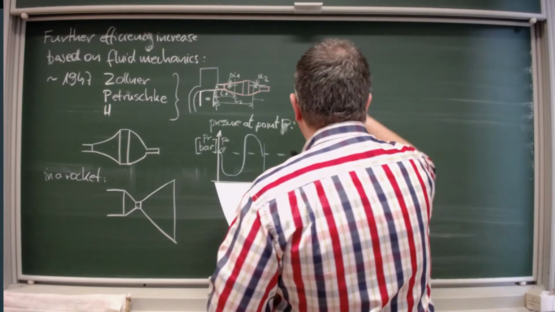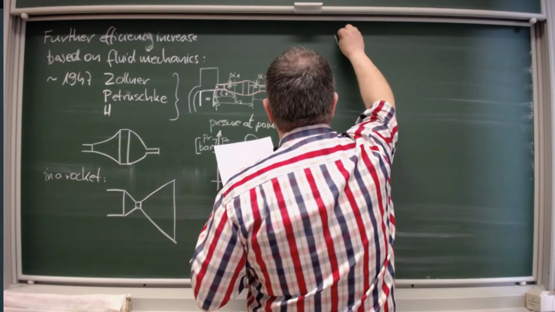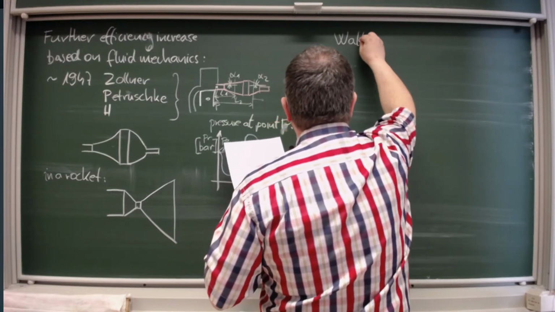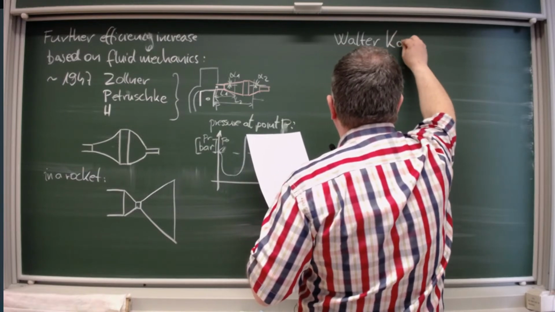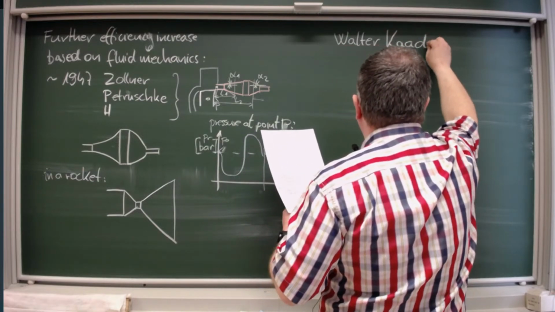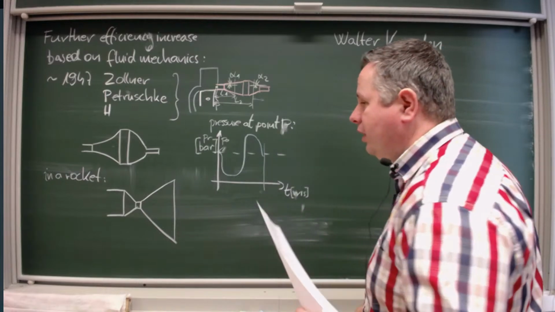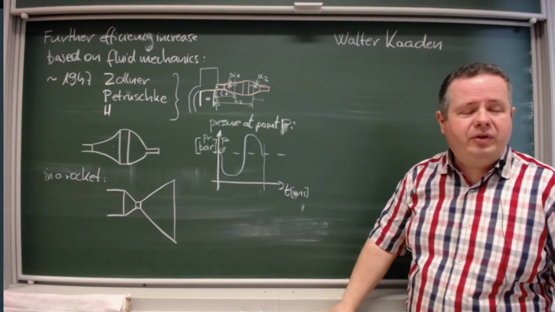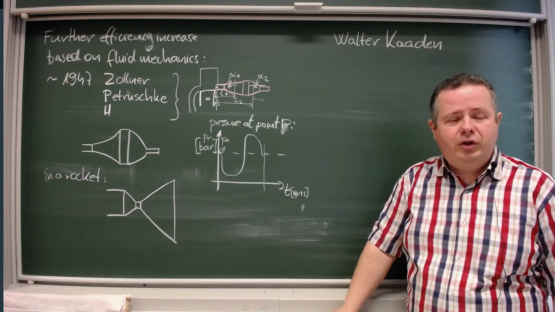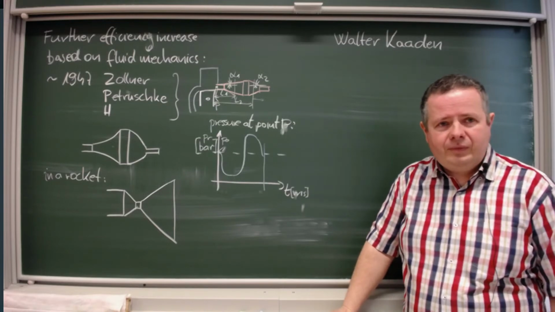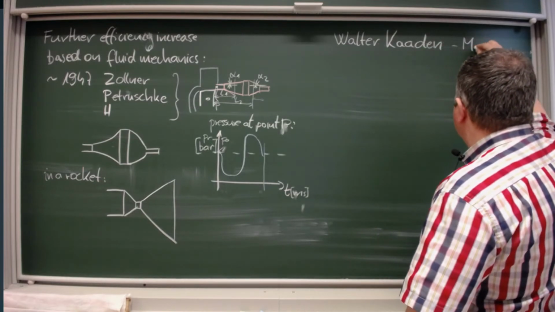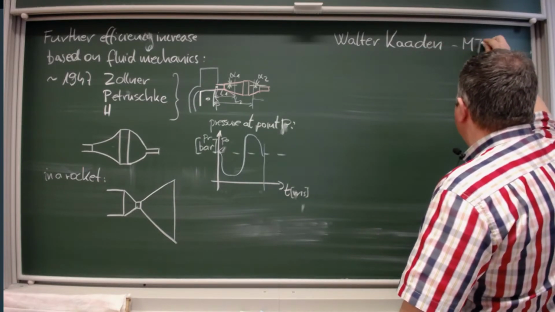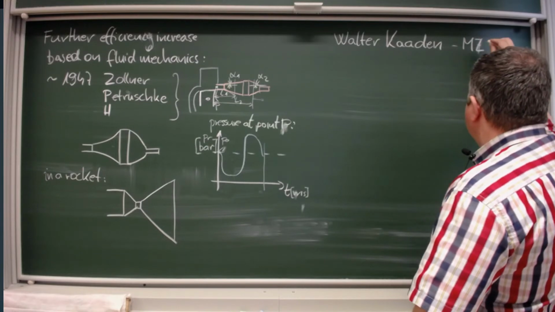The name to know was Walter Kaden. He was a German guy. He was responsible for the racing division of the East German motorbike factory that is actually known by MZ. It was IFA at the time, but it was MZ later on.